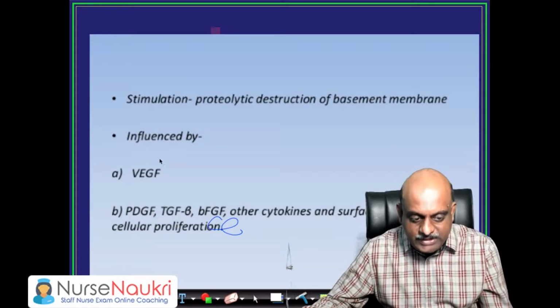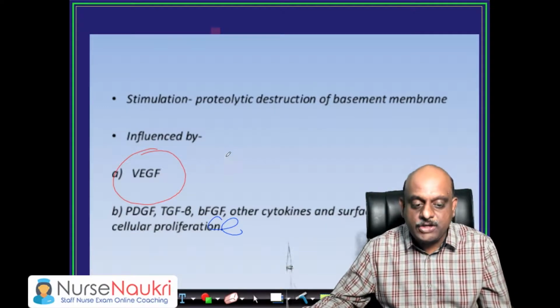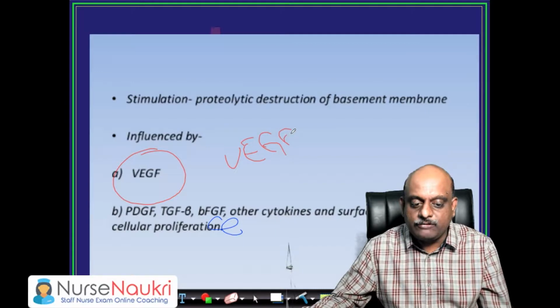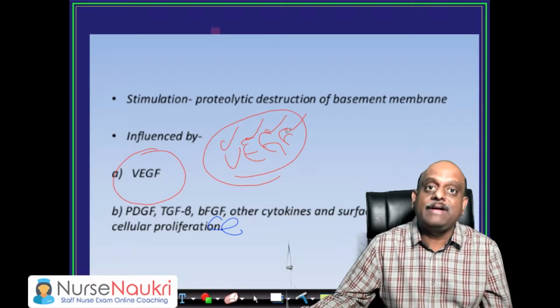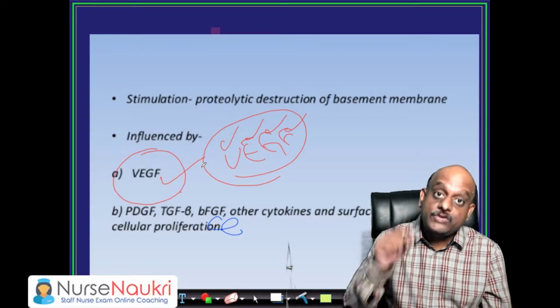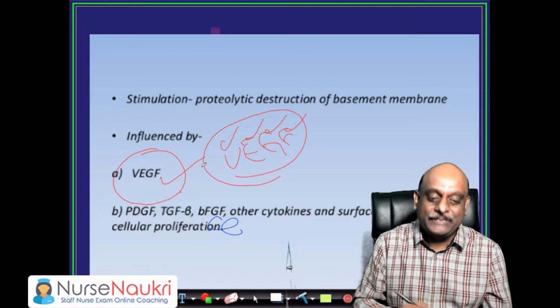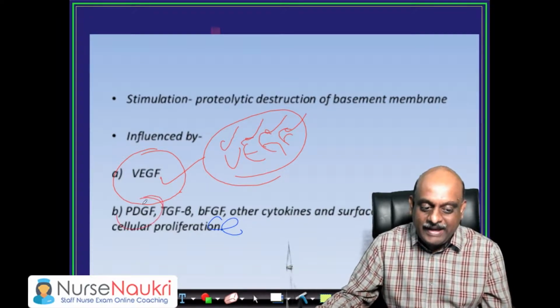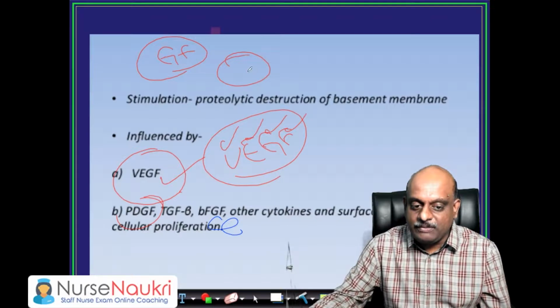So there is a growth factor called vascular endothelial growth factor. It is the factor that grows the vascular endothelium, it will come and stimulate neovascularization. Similarly, there are growth factors coming from the platelets.